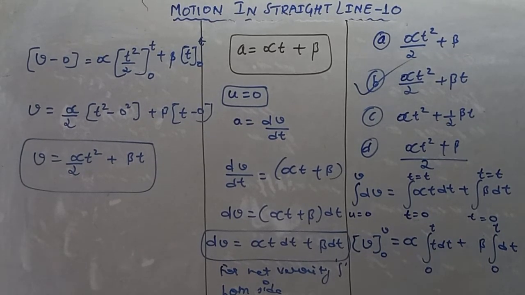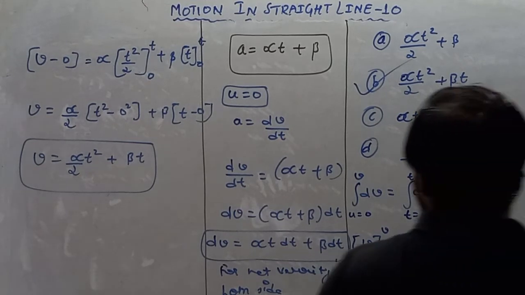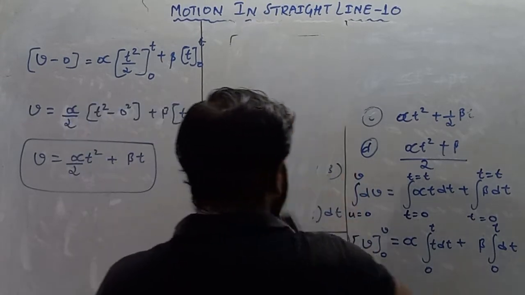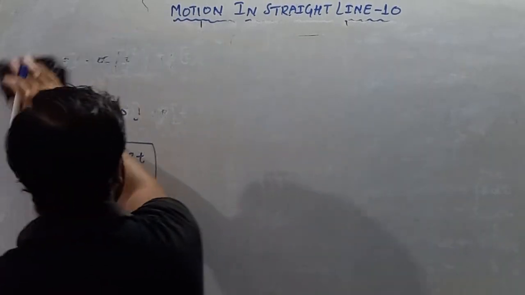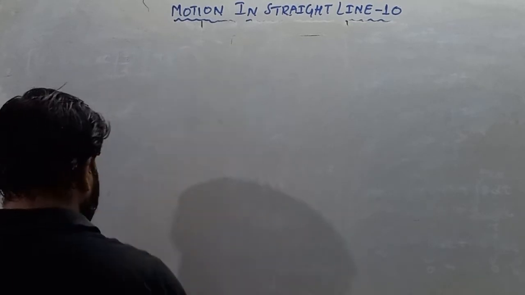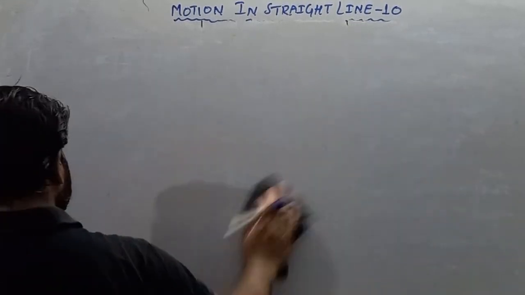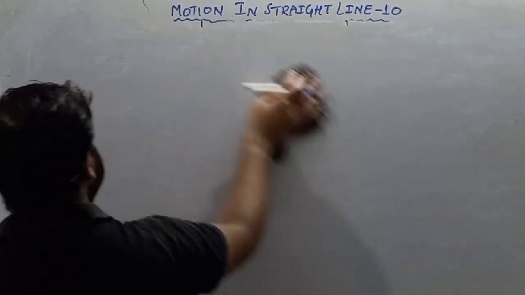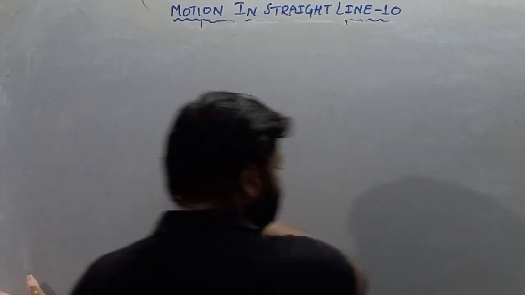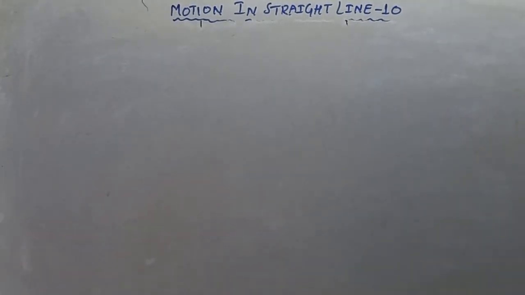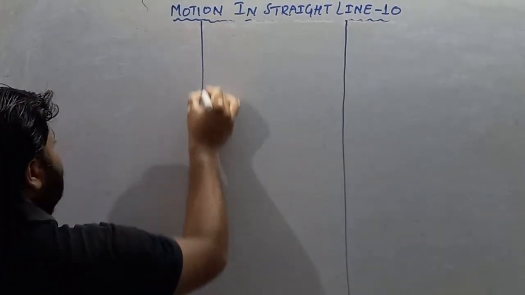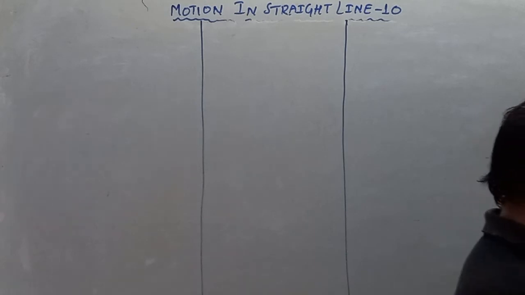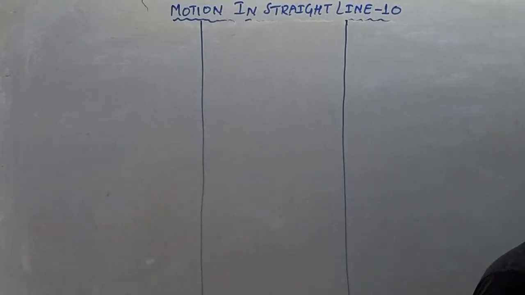The velocity of a bullet is reduced from 200 meter per second to 100 meter per second while traveling through a wooden plank of thickness 10 centimeter.